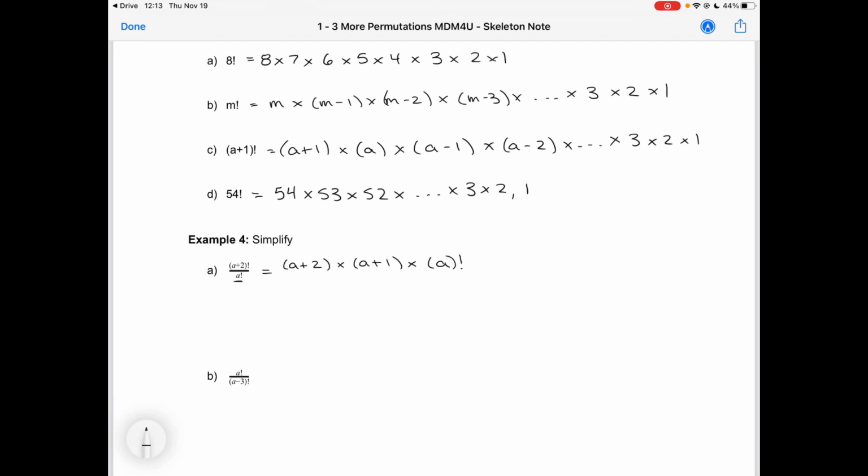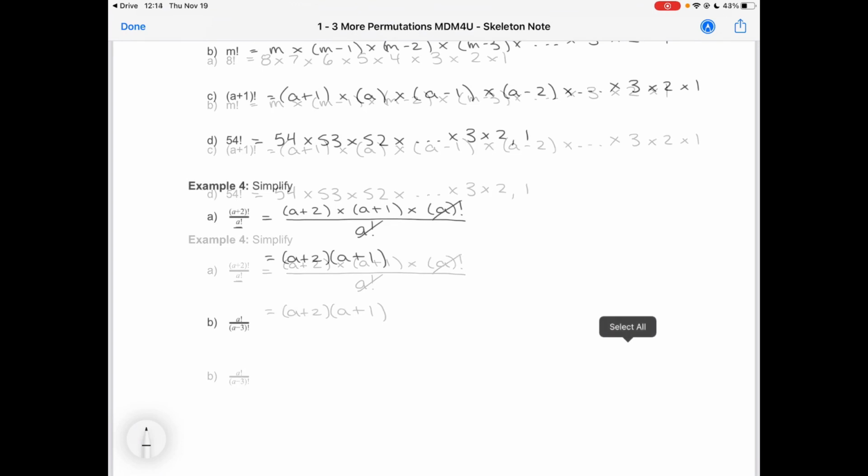So I'm going to stop here. So a plus 2 factorial is the same as a plus 2 times a plus 1 times a factorial. In my denominator, I also have a factorial. That is just a number, so I can cancel it out. And what I'm left over with is a plus 2 times a plus 1. And I'm going to leave it in that factored form.